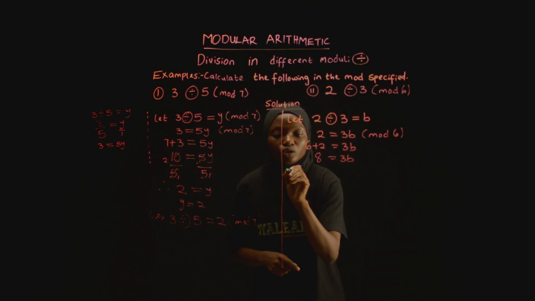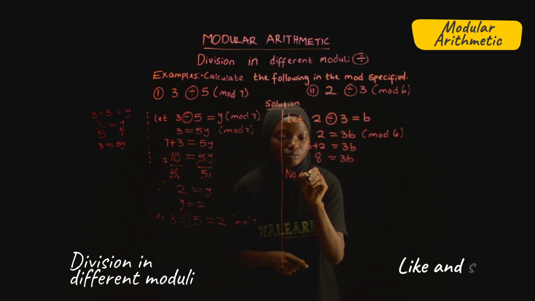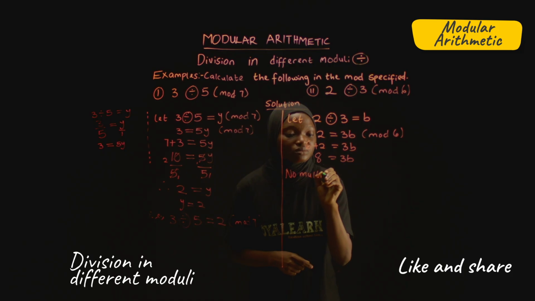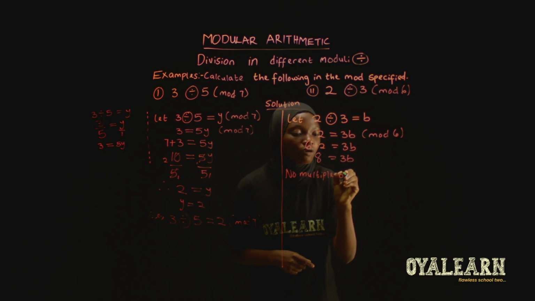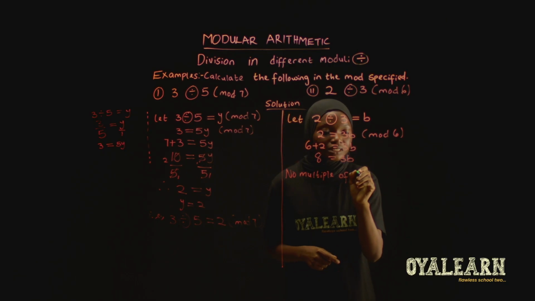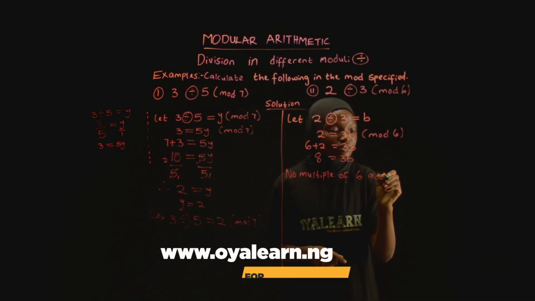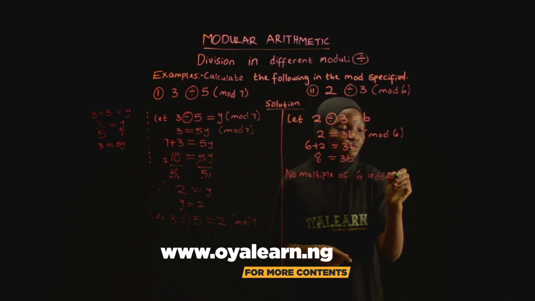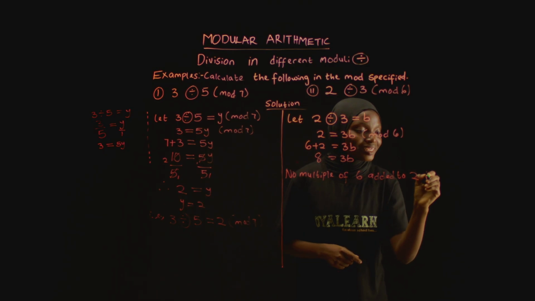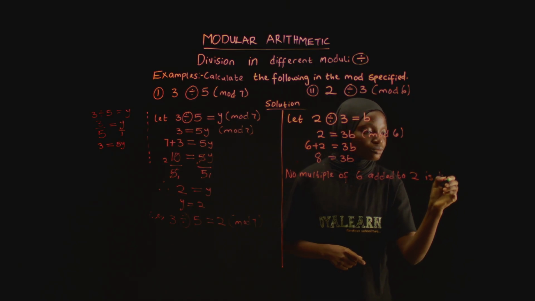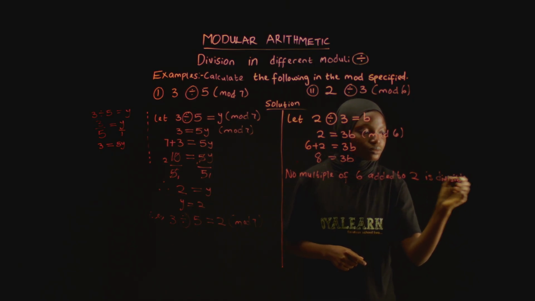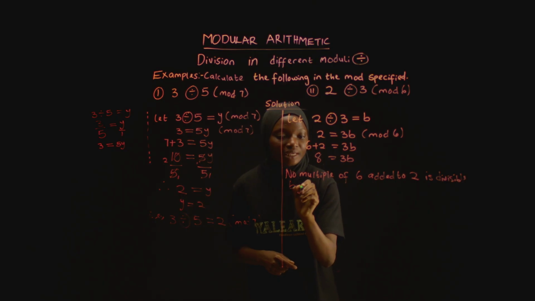So that means no multiple of 6 added to the remainder that we have here, 2, is divisible by 3.